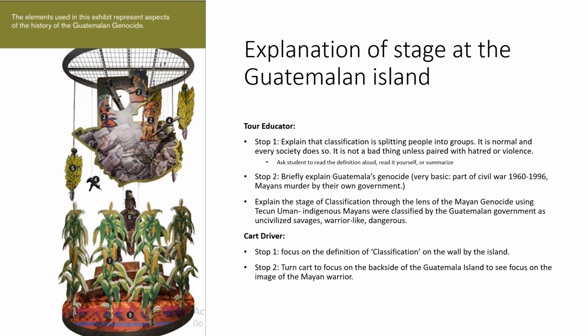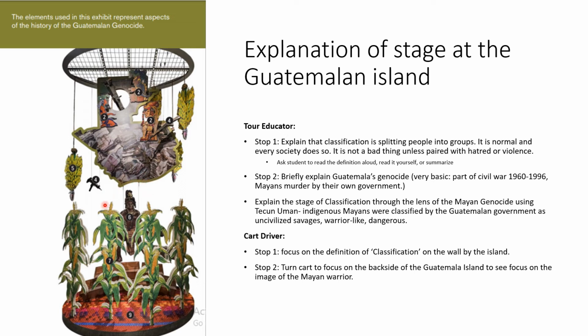And each island is given a specific object that you are asked to talk about. You can find this information on the 10 stages cheat sheet in Moodle. So in the Guatemalan classification island, you are talking specifically about our Mayan indigenous warrior Tekun Uman, who was this figure here in the center.